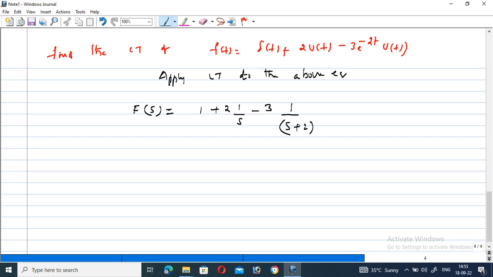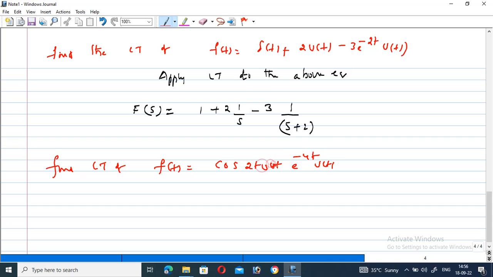Suppose you want to find the Laplace transform of another function. One more problem, let us see it very quickly. Find the Laplace transform of f of t is equal to cos 2t plus e power minus 4t u of t.